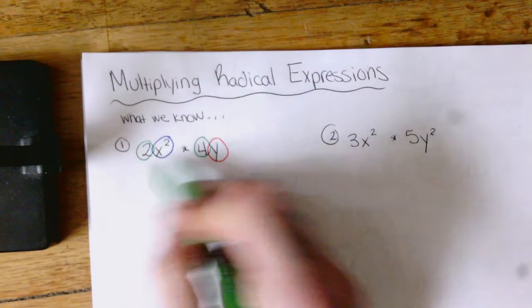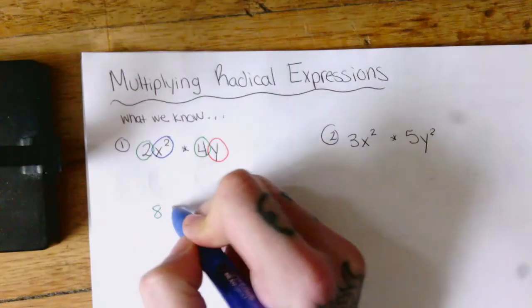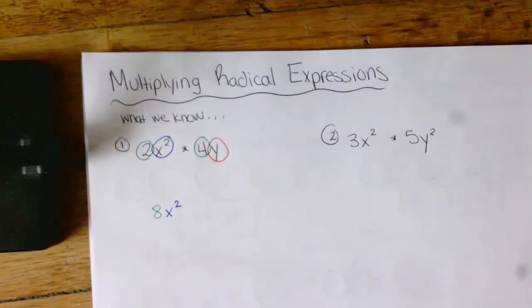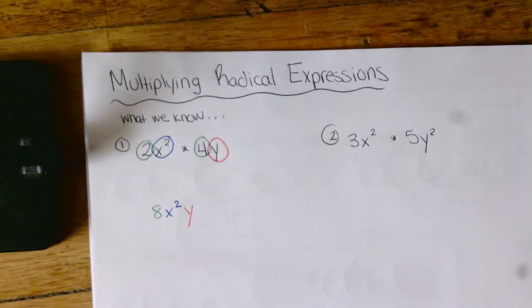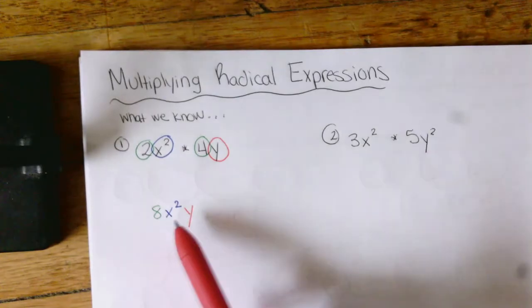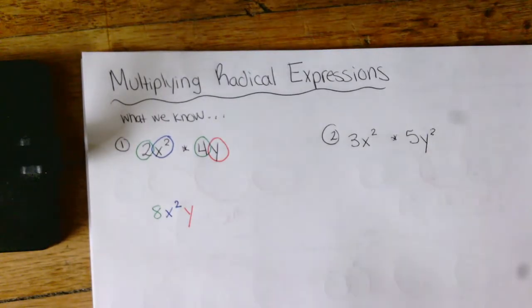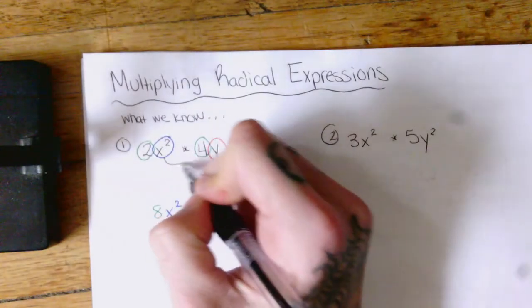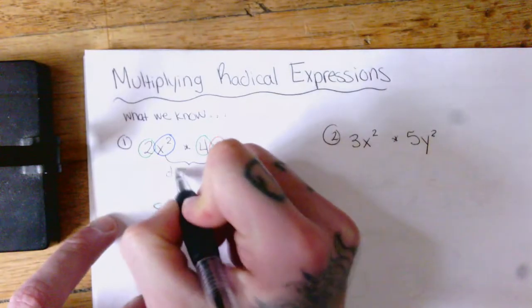So I would have a 2 times a 4, no change in the x squared, and no change in the y. Okay, so now when we multiply this x and the y, we didn't combine them because both of these terms have different bases.